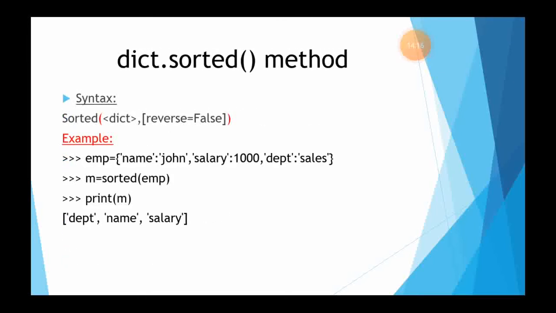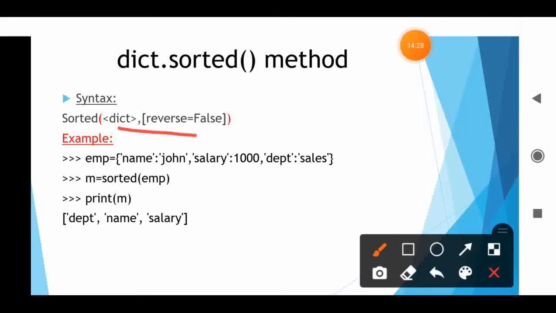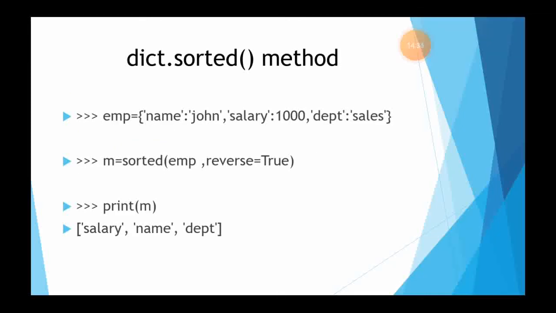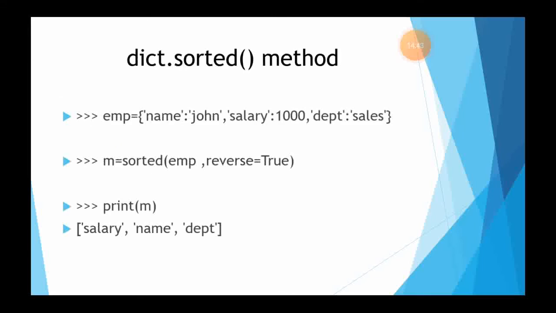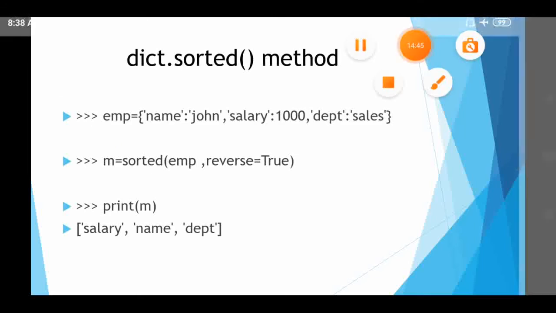So what are the functions of the sorted method? You can sort the elements of the key value in the dictionary. What is the syntax? Sorted, dictionary, comma, reverse optional. The next method, you can sort the keys in the descending order also. That time you have to give reverse equal to what?